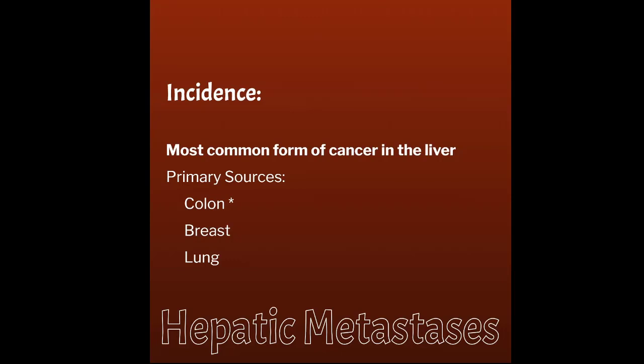Again, a patient presents with liver cancer, just cancer in the liver, that is most likely going to be metastases versus hepatocellular carcinoma. So hepatocellular carcinoma is the second most common type of cancer in the liver. Metastases are going to be the most common type.